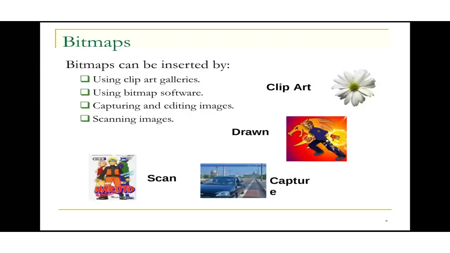So you can get images from what are called clip art galleries. Now, this is normally part of the system. It's just like in Microsoft Word, for example, where you have a function to color your text or to underline.